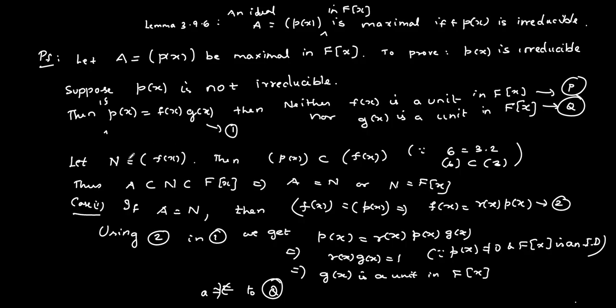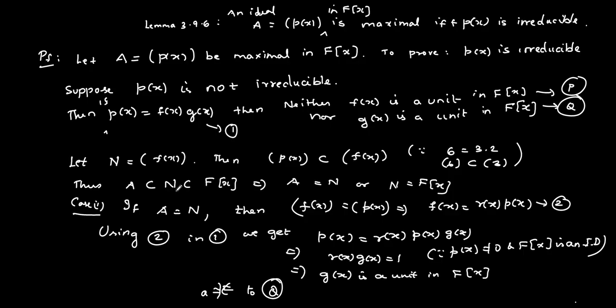Now we shall consider N to be the ideal generated by f of x. Of the two, you can consider either N generated by f of x or N generated by g of x. That doesn't matter. So suppose I consider N to be an ideal generated by this. Then the relation between the ideal generated by p of x, which we have taken as A, and the ideal generated by f of x, which we have taken as N, is that A must be contained in N. Right.